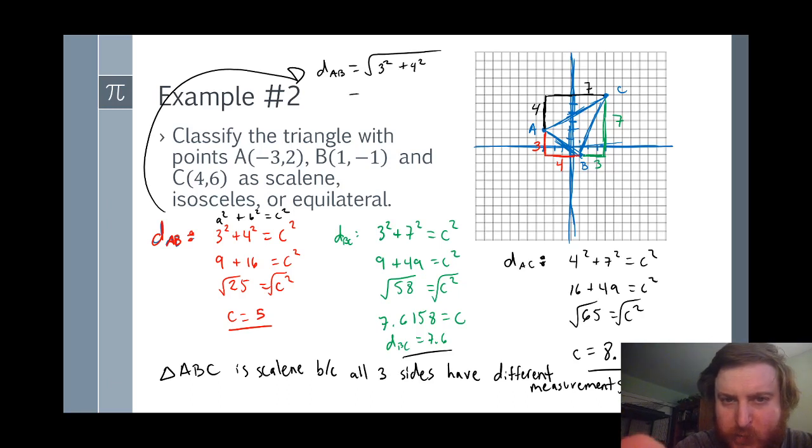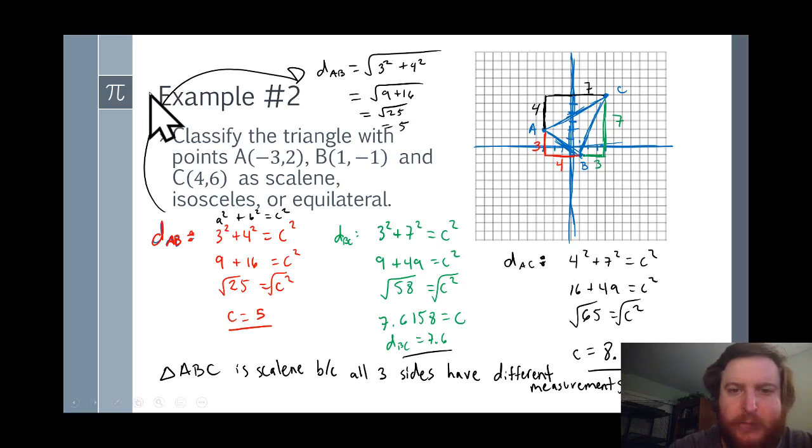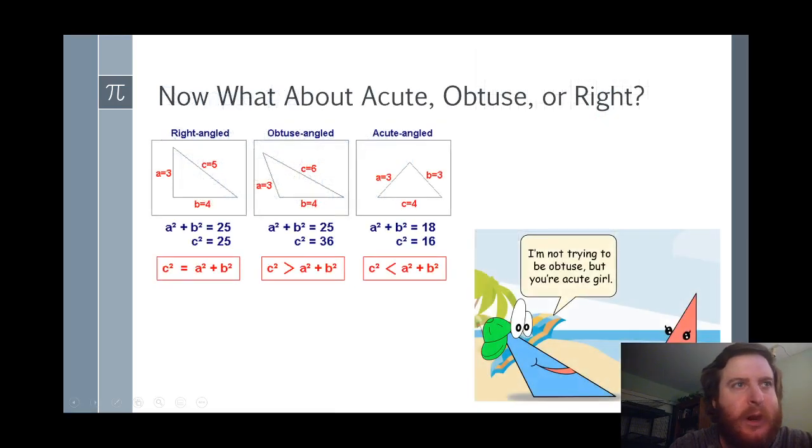As long as you're careful about keeping that square root, doing 9 plus 16, keeping that square root, doing 25, and you get 5. So that's kind of an alternative way to write it. Some students will end up starting to write it this way, and some students just keep doing the a squared plus b squared equals c squared. Either way is okay. It's just kind of a preference. All right, moving on.